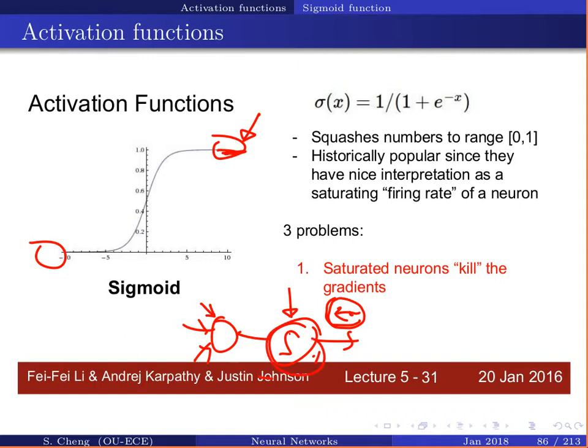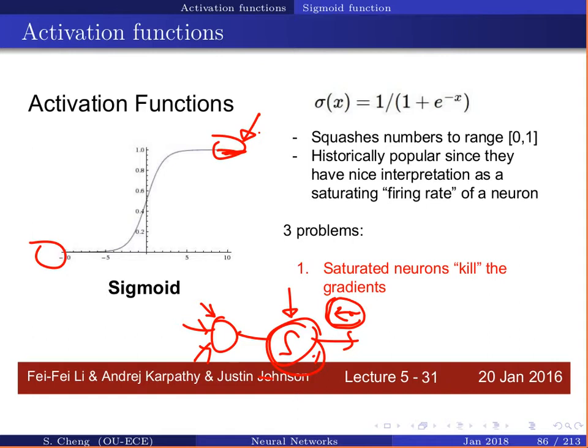So that's also one reason why, if you used a formulation like that in the past, you could not go very deep. If you have a pretty large network, then some of the nodes will get to the saturated region, right? Then when you try to backpropagate the derivative, you will eventually get derivatives that become all zeros.